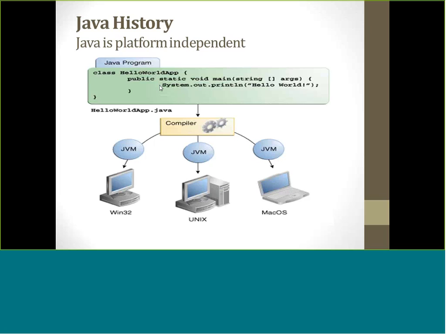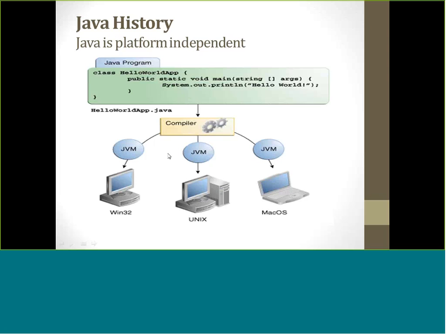Since we are not coding in 0 and 1 but in programming language standards, somebody is required to convert it into that format. So the compiler does that. It compiles a Java program and hands it over to the JVM, right?